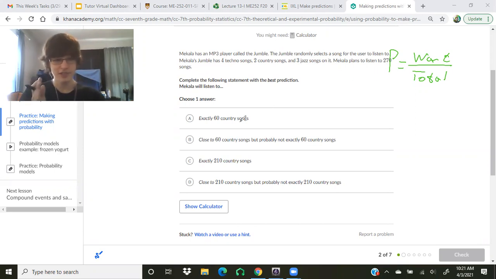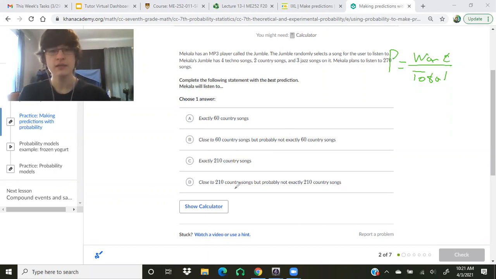Well, first off, that's a lot of songs when there's only, what, 9 of them? 4 plus 2 plus 3, yeah, so 9. Okay, wow. This person will listen to how many country songs?